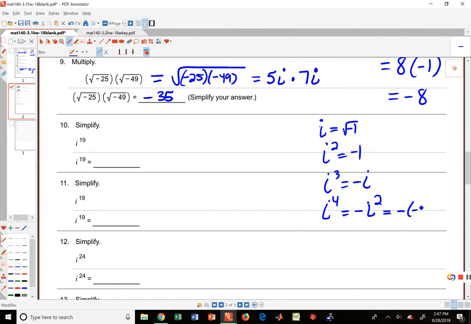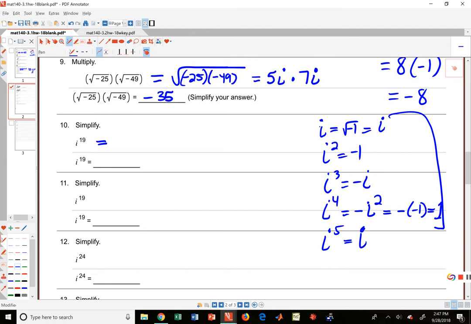Now, i squared is negative 1, so i to the fourth is actually positive 1. So when you get to the i to the fifth, you're back to i. So this is the pattern. You start with i, it goes negative 1, negative i, 1, back to i. And so this pattern repeats every 4 values.